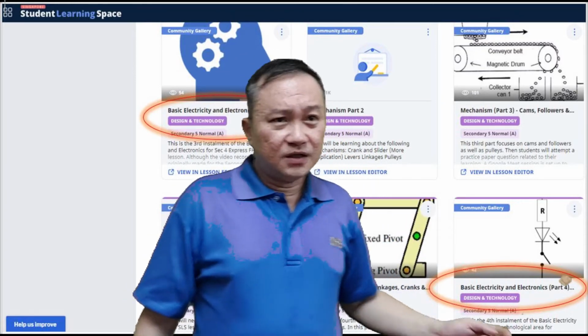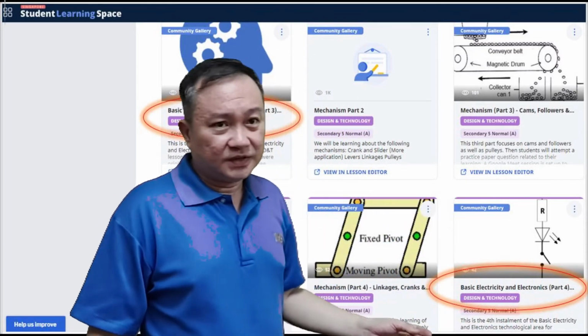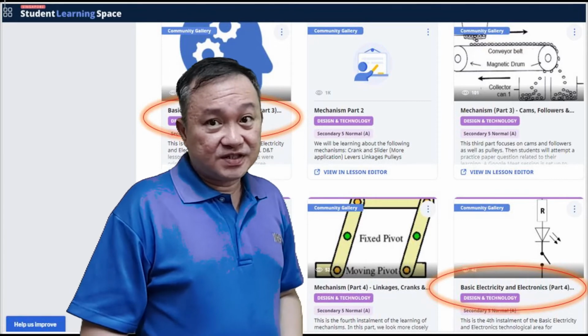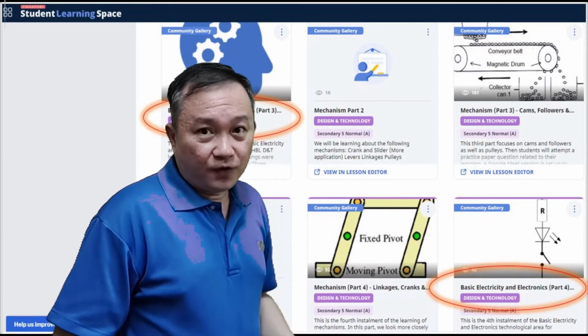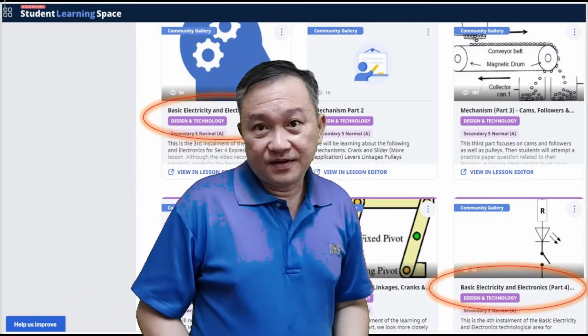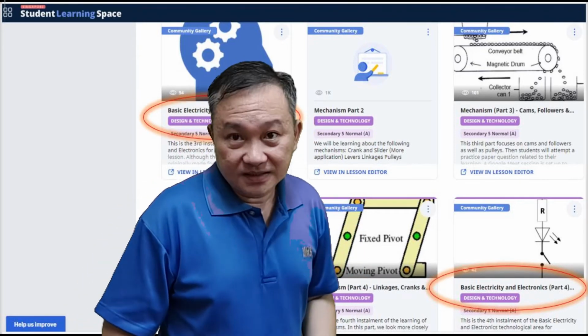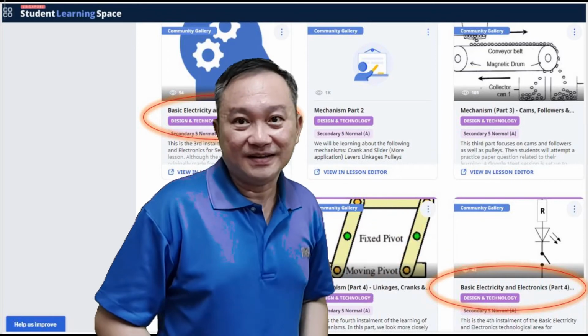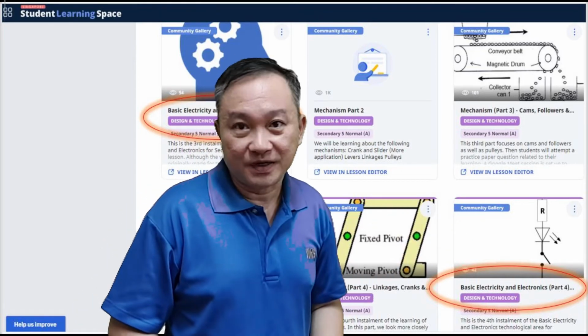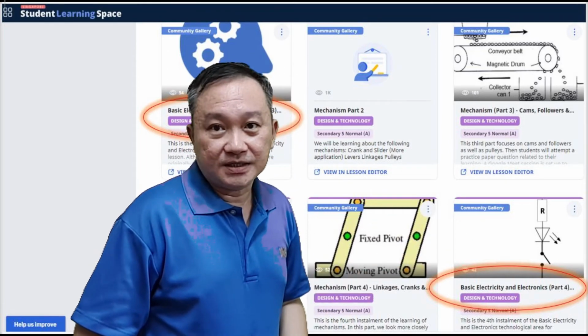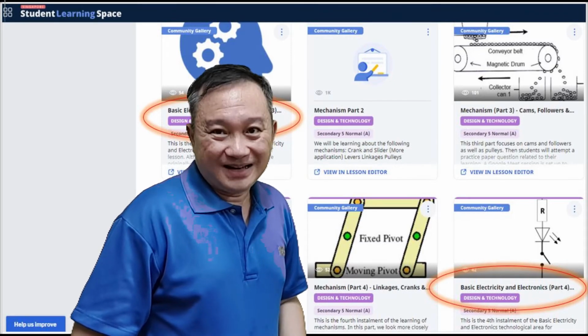Now let's look at the basic electricity and electronics part 4. The focus is also on another process component, which is where we delve into the integrated circuit, IC chip world, all right? In this case it is your good old 555 timer. So this 555 timer is basically an electronic switch.